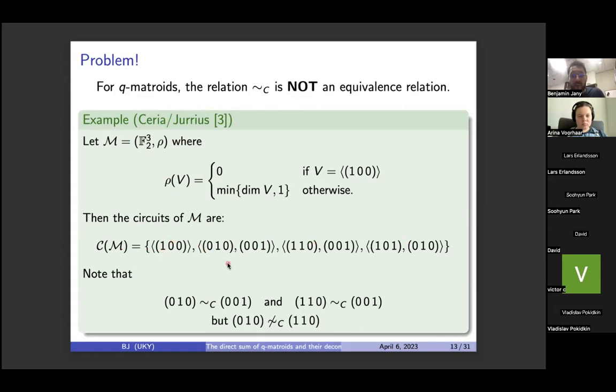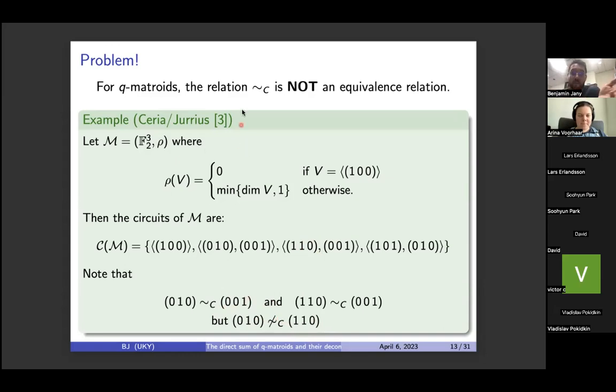These are the collection of circuits, but one notes that the elements 0,1,0 and 0,0,1 are both in this second circuit. Then those two elements are related because they are both in this third circuit. However, 0,1,0 and 1,1,0 are not contained in the same circuit. So this relation breaks transitivity.